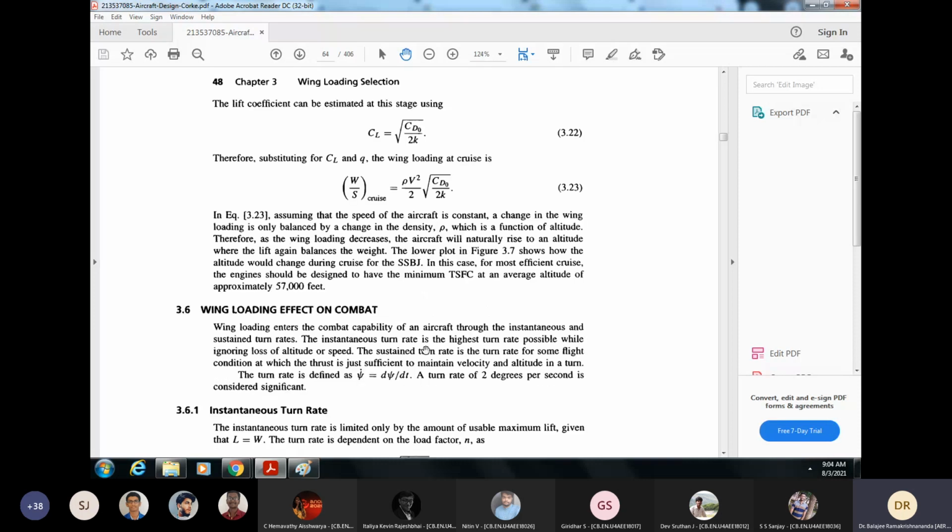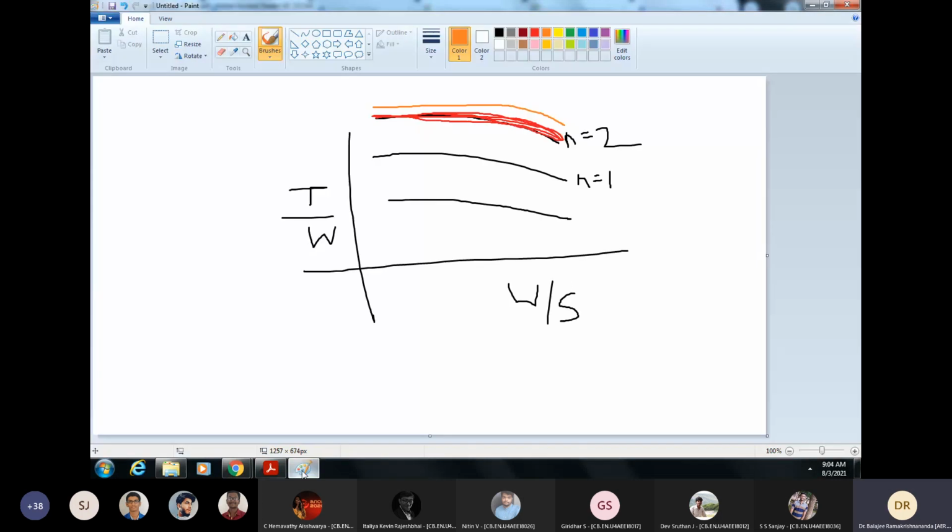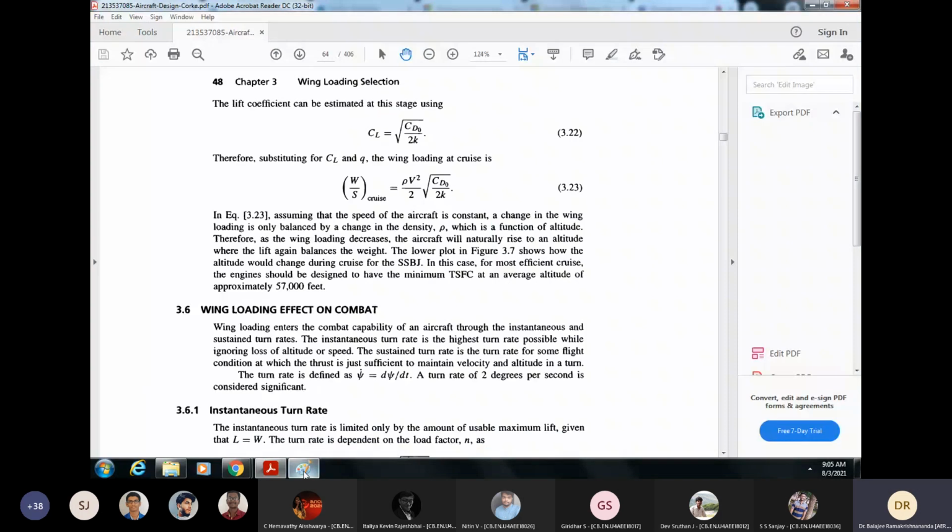So this will be a very simple figure. Maybe it will be a straight line in this graph. So with a cruise velocity, you can draw a straight line. If your wing loading is more than this, then your cruise velocity will be more than that.